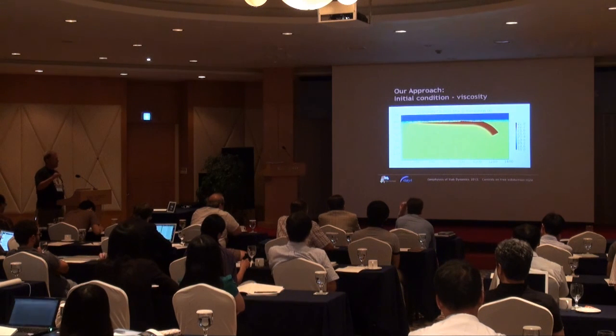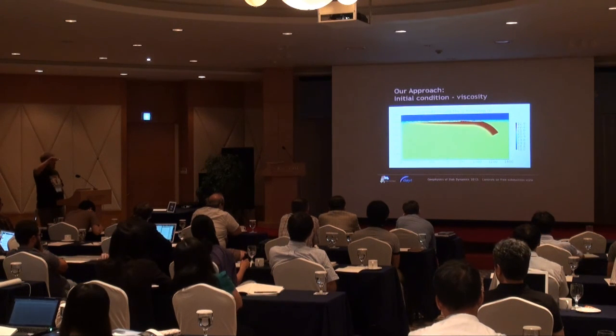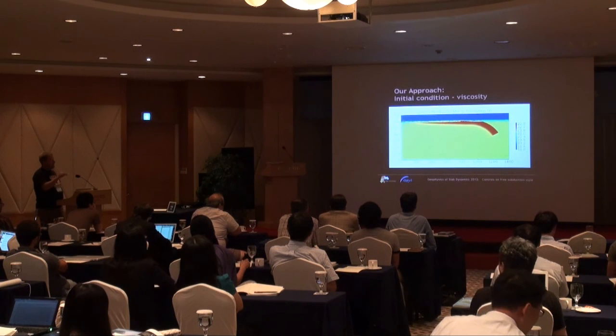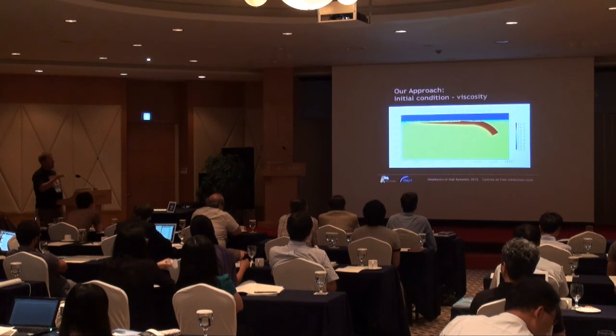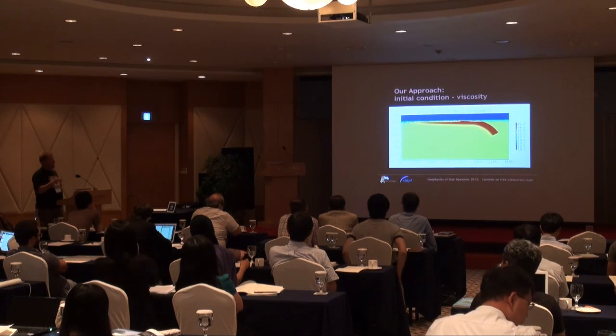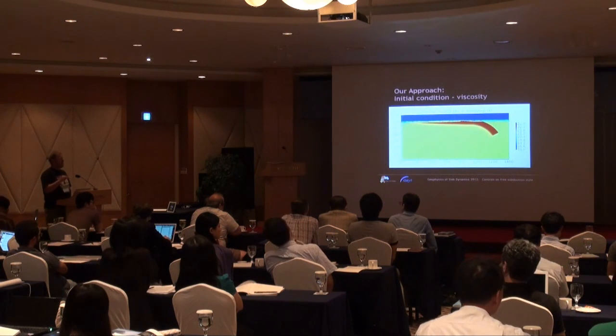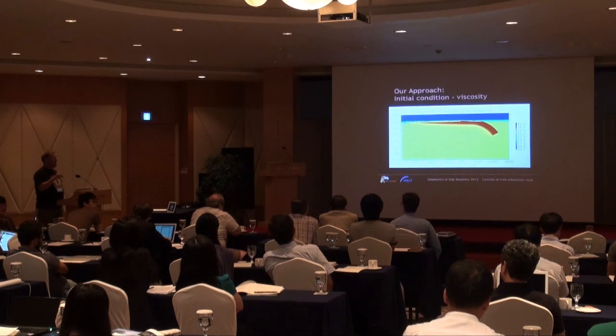What's shown here is a hot mantle background with a viscosity of 10 to the 21, and a colder plate coming down that has a higher viscosity. Now this layer here is the weak layer, weak crust that we've put in on top. That's about 2 orders of magnitude, 100 times, weaker than the background mantle.